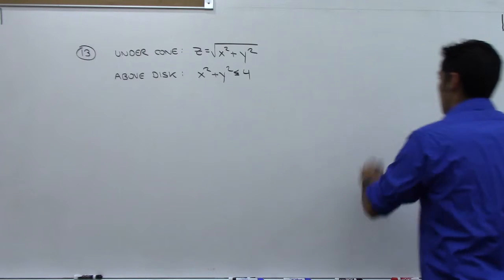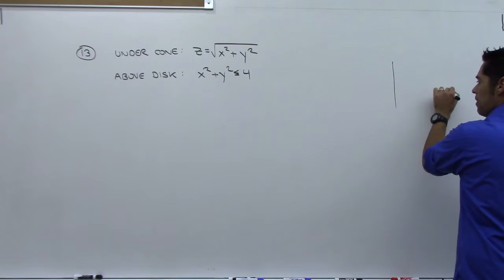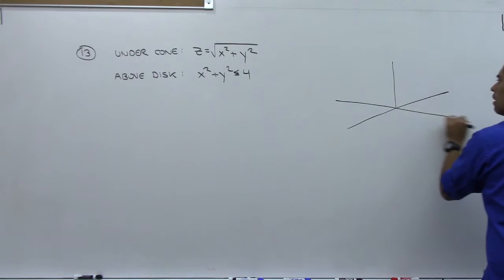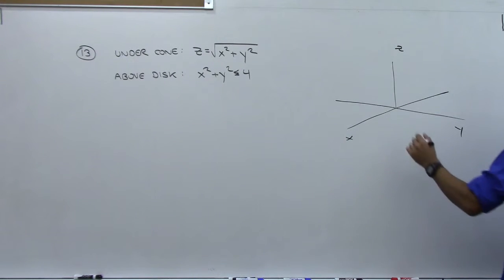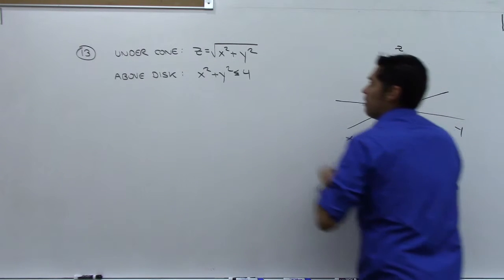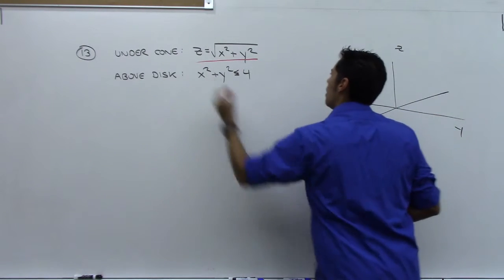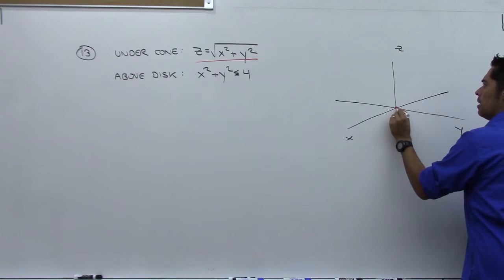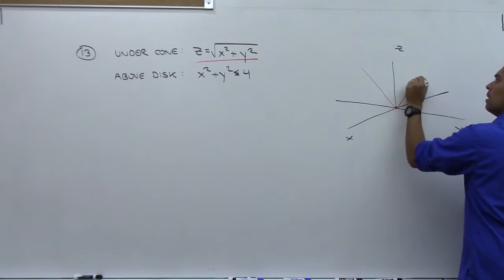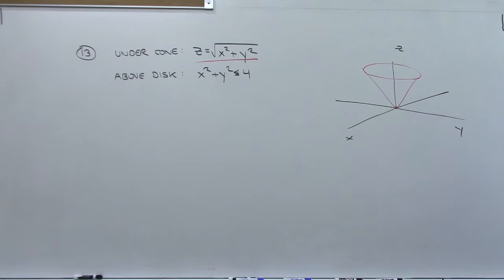So just FYI, if I were to try and graph this, okay, here's x, here's y, here's z. The cone, which is this guy right here, starts out at the origin 0, 0, and then goes out. I have a cone.